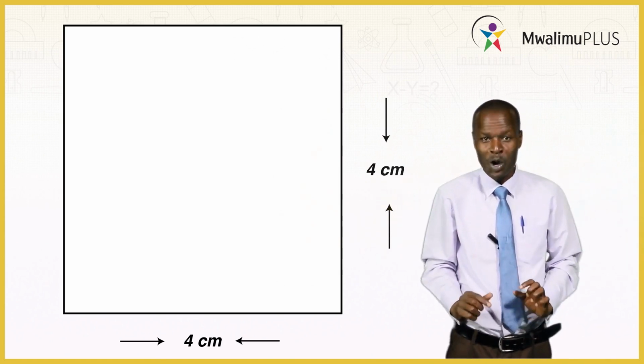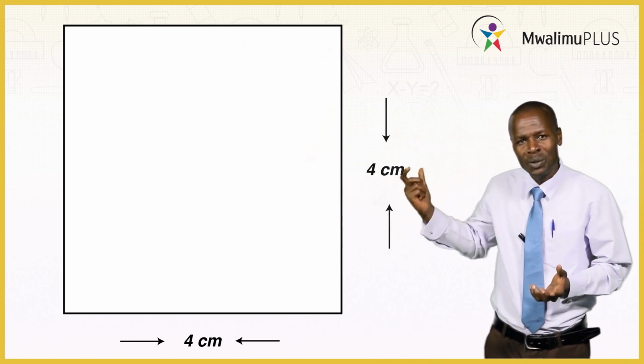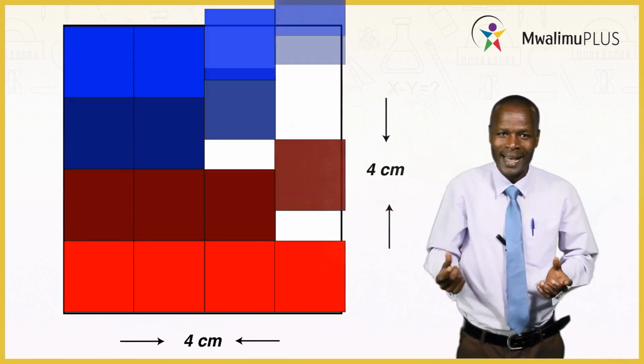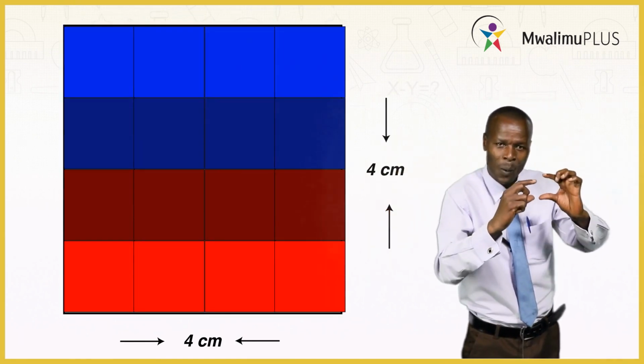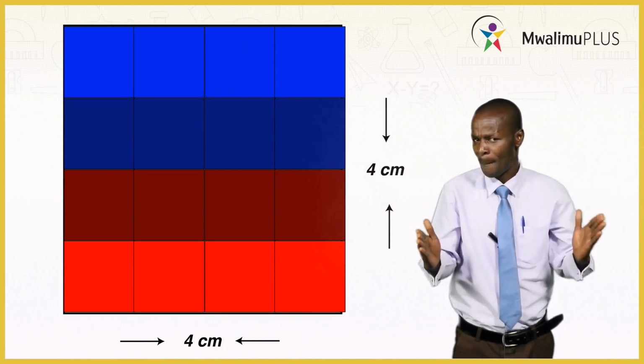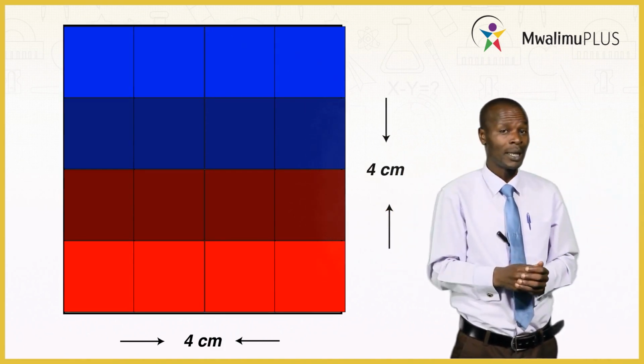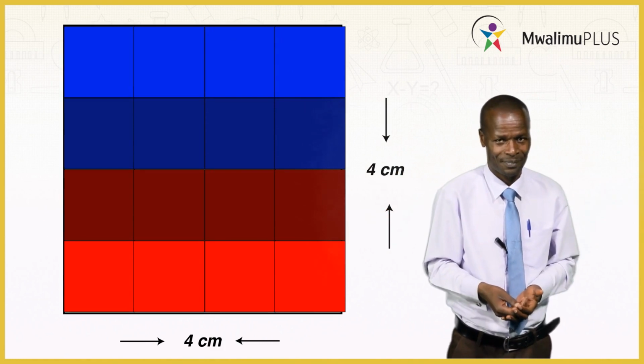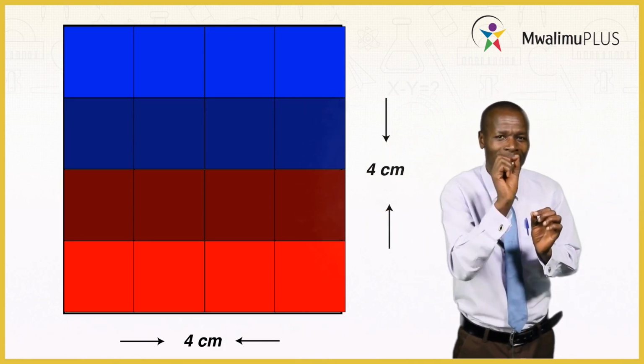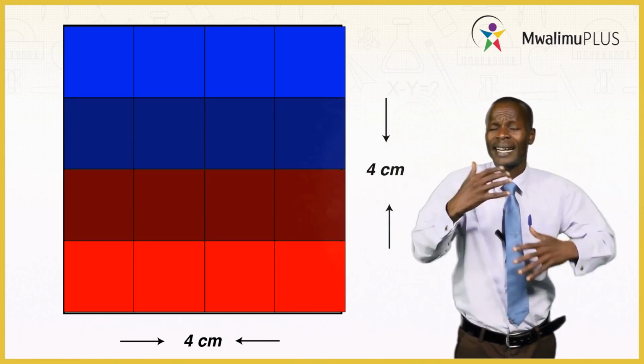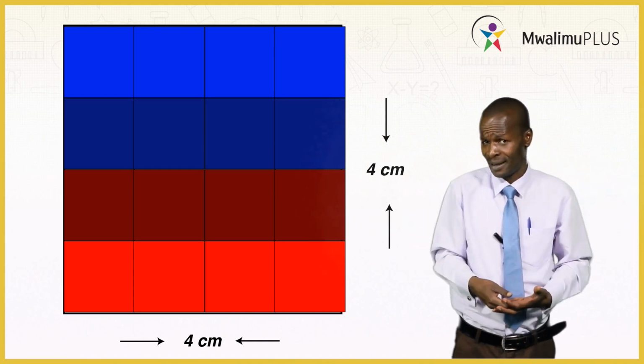Now what you do, you bring in the unit square and start putting one after the other. The best way to do this is to have a cutout of that unit square. Then cut as many as you can.